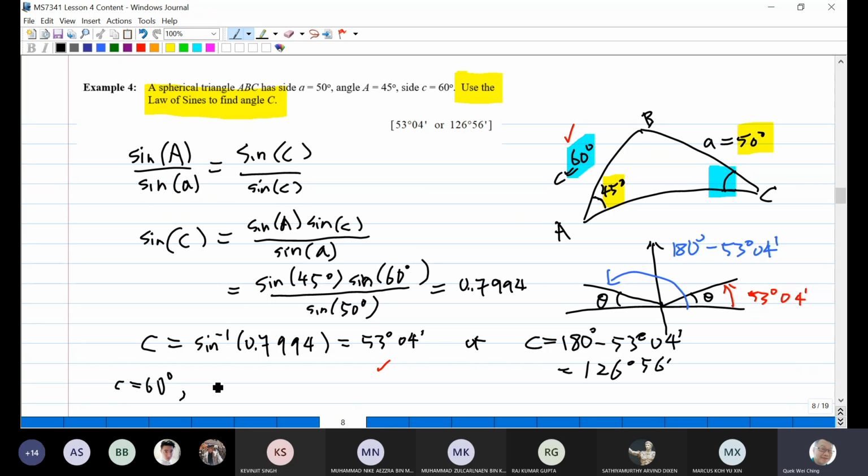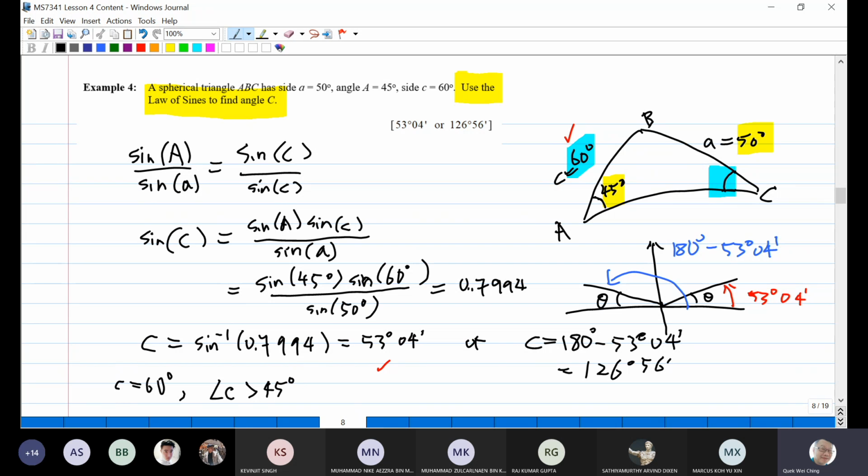So the angle C must be more than 45 degrees. Here side C is 60 degrees. The angle C must be more than 45 degrees, because 60 is more than 50, right? So we know that this is correct here.